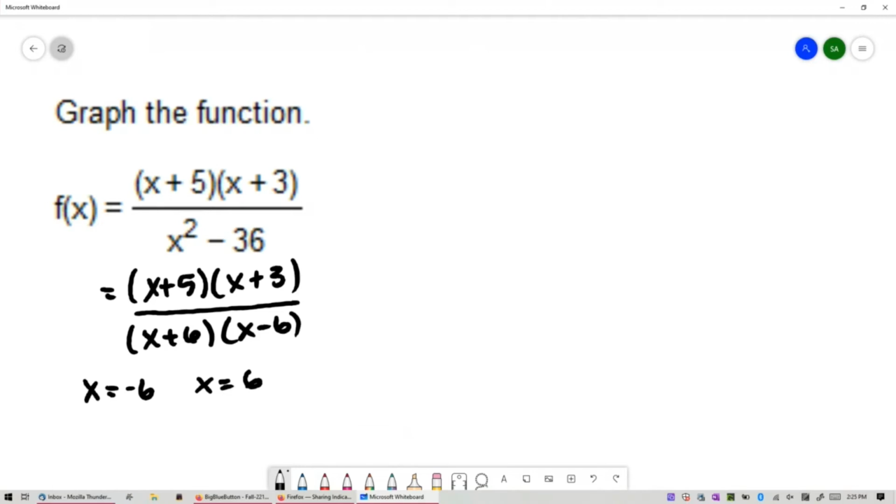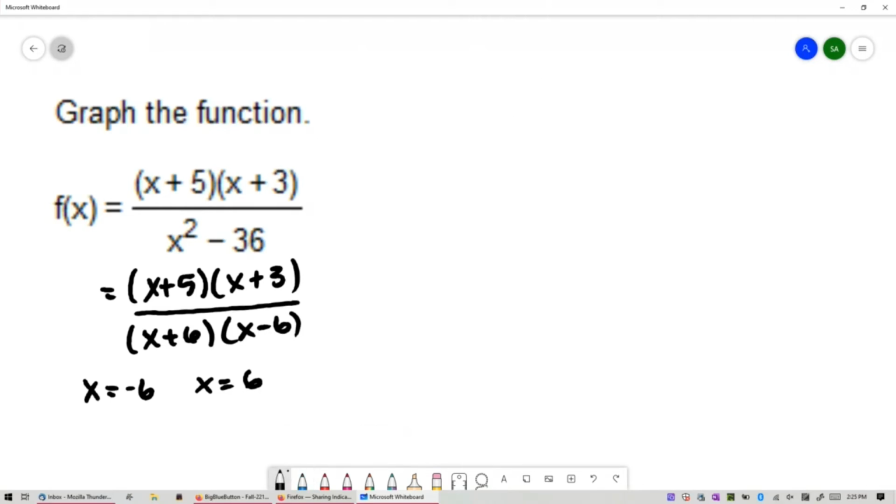Now these restrictions produce in the graph either a vertical asymptote or a hole, a removable discontinuity. And I don't know which one it is unless I have my function factored out the way it is right now. So when you have a common factor, you're going to have a removable discontinuity, but if you don't have a common factor, you have a vertical asymptote.